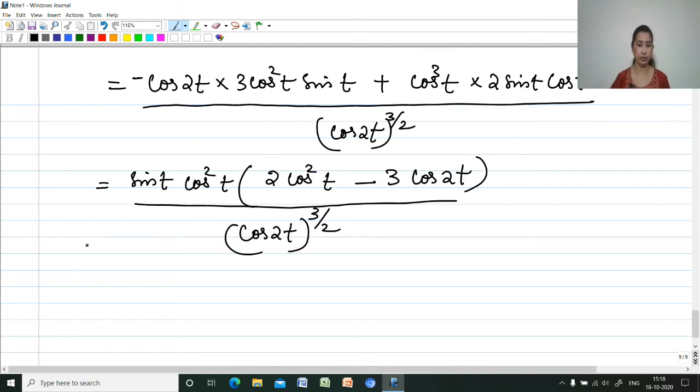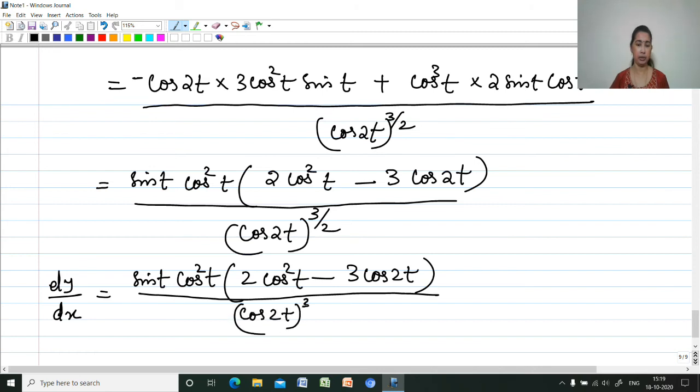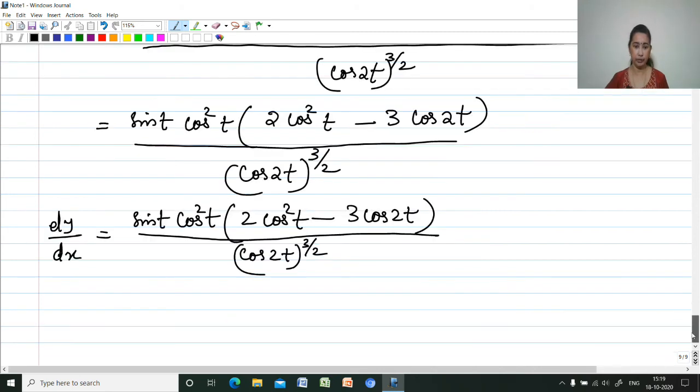Now we have to find what is dy by dx. dy by dx equal to dy by dt by dx by dt, and dy by dt is sin t cos square t into 2 cos square t minus 3 cos 2t divided by cos 2t whole raised to 3 by 2, this part.